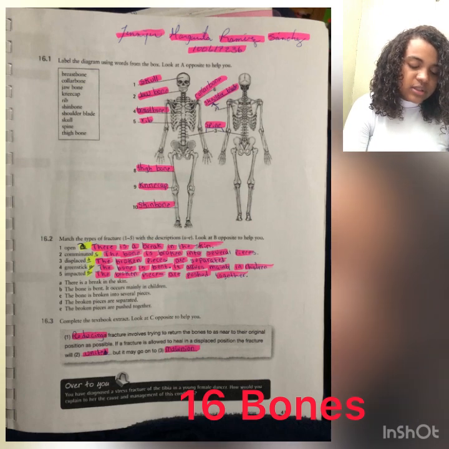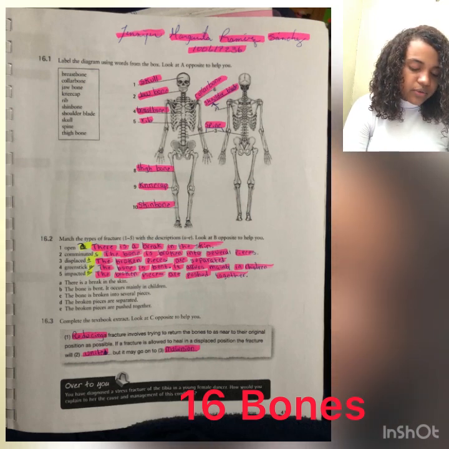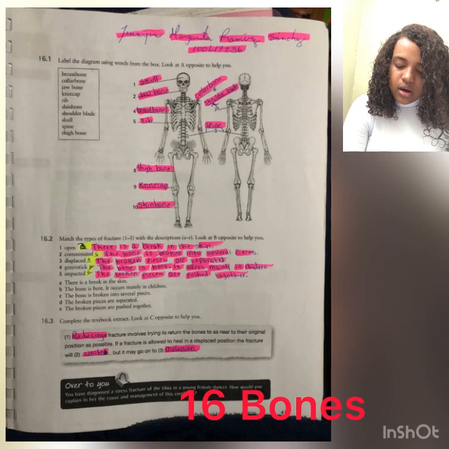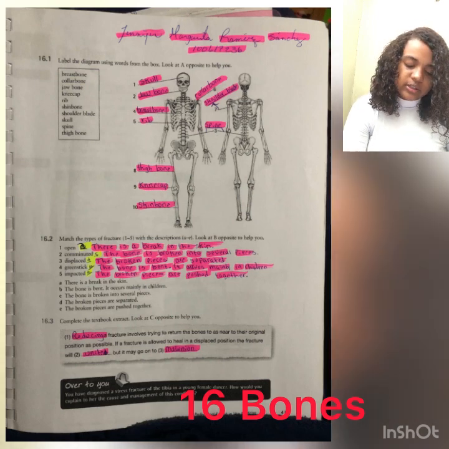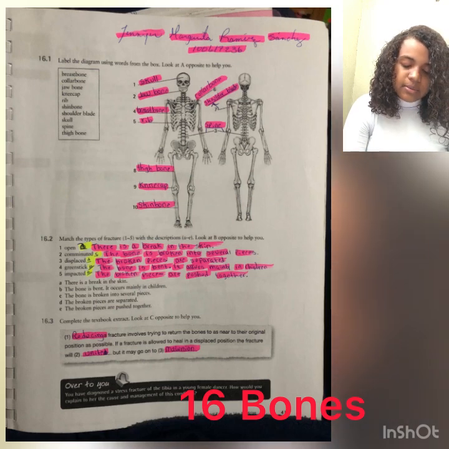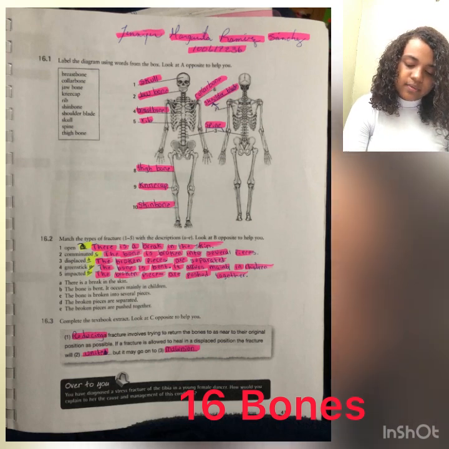Number 3, displaced: the broken pieces are separated. Number 4, greenstick: the bone is bent. It occurs mainly in children. Number 5, impacted: the broken pieces are pushed together.